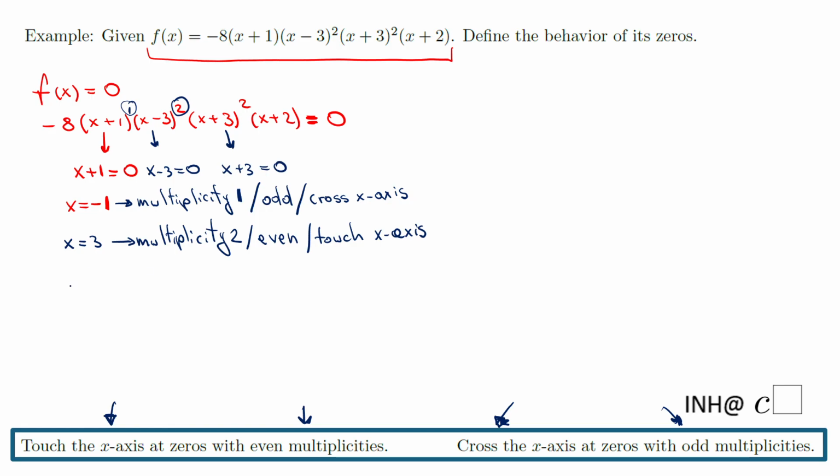So we have x equals negative 3. The multiplicity is 2, right? We notice this 2, which is an even number. So even multiplicity, so again, we touch the x-axis.